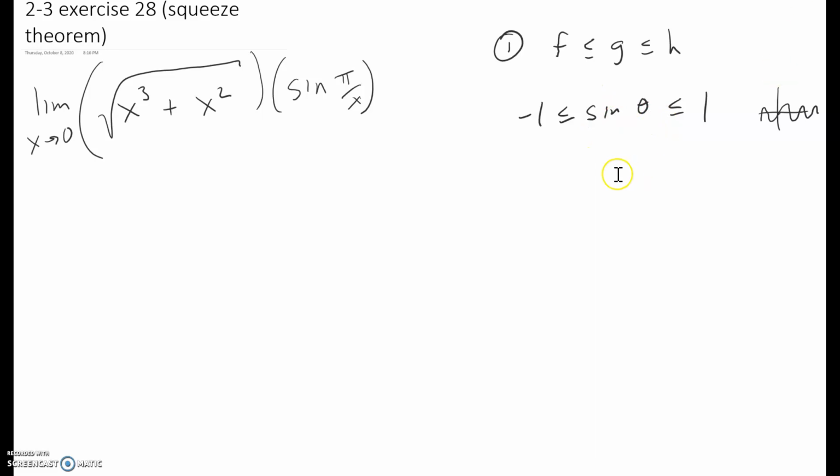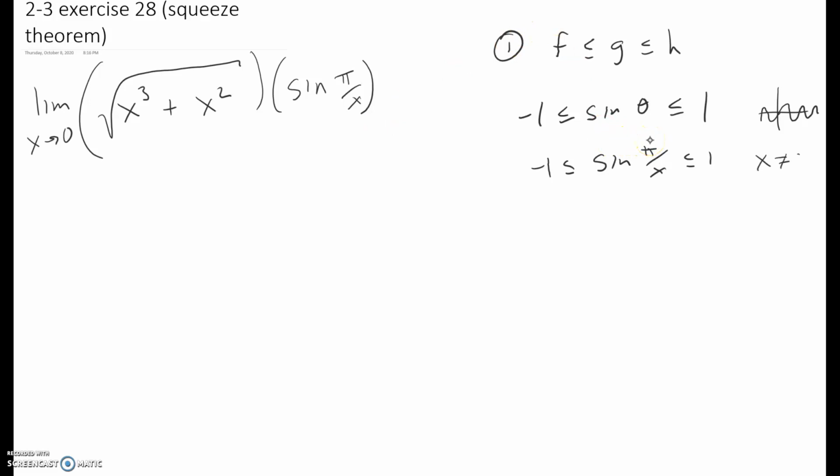So then you can replace theta with pi over x, because that's just some angle. So sine of pi over x is always between -1 and +1, except when x equals 0.